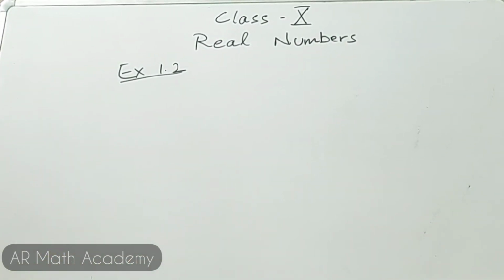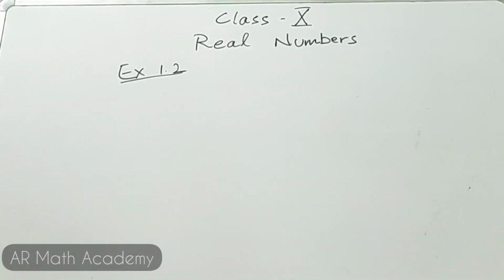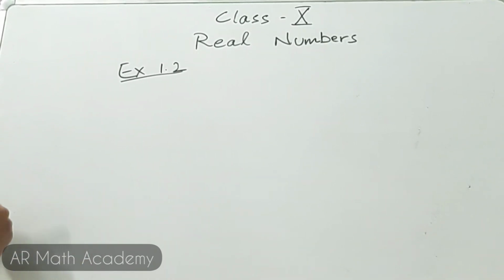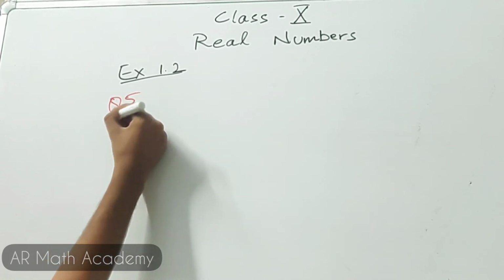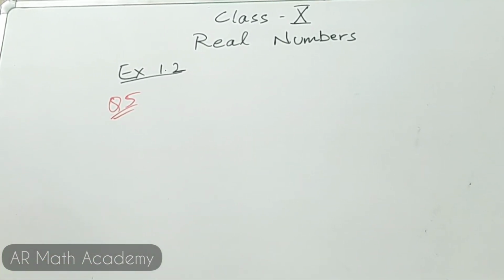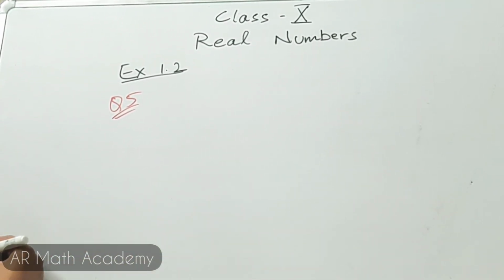Now for question number 5 of this exercise, we have been asked to check whether 6 power n can end with the digit 0 for any natural number n.